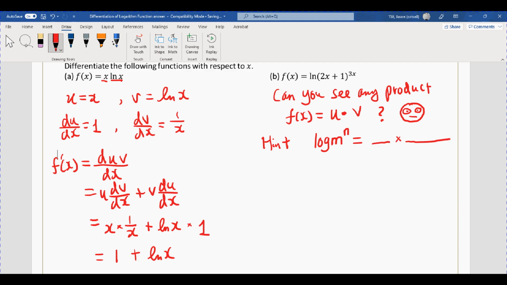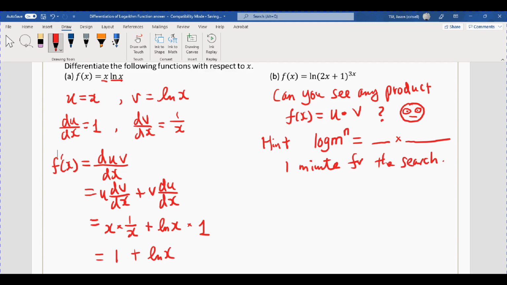I'll give you some time to search your memory. If you can't remember anything, you might go back to the PowerPoints in our previous section on logarithm. That's such a rule. I'll give you 1 minute for the search.